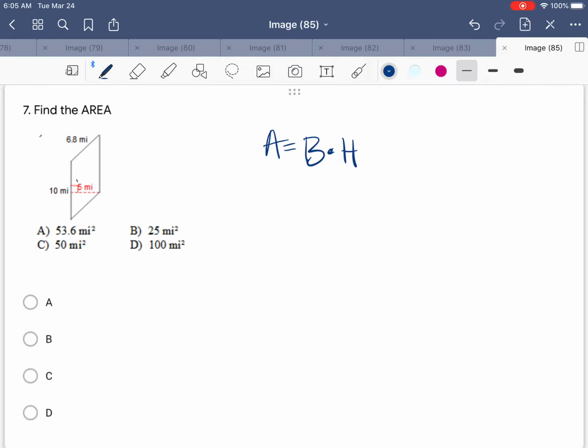We get a big hint right there by our right triangles. So this side right here where the 10 is my base, and this side right here with the 5 is my height. So we know that my base is 10 and my height is 5. So if I plug those in there, and then I want to remember the units squared, that will help me solve that problem.